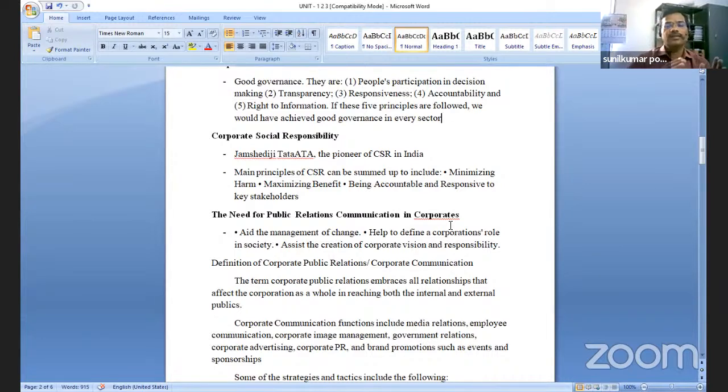In the Indian context, the pioneer is Jamshedji Tata. In multiple choice questions, you may get this kind of question: who is the pioneer of CSR in India? So you have to write Jamshedji from the Tata company. Multiple choice questions, fill in the blanks, or match the following. You will get this kind of short question, 1 mark questions.